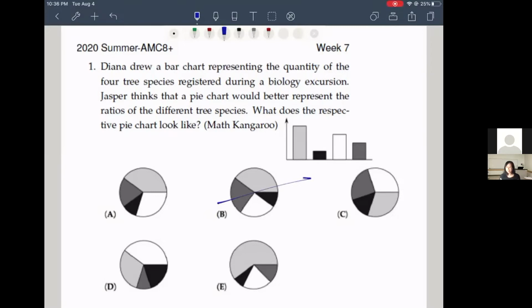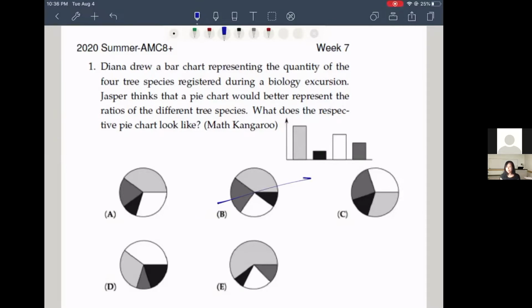Let's look at C. So it's not that obvious, but let's look at the dark gray and the black, whether the ratios represent the ones in the bar chart.